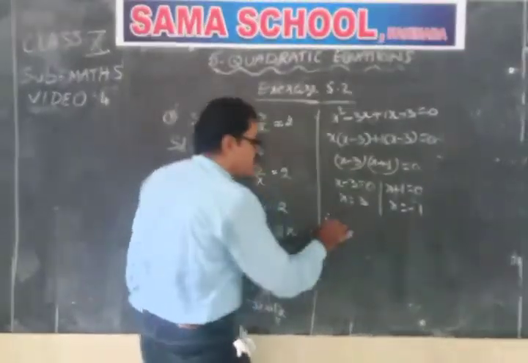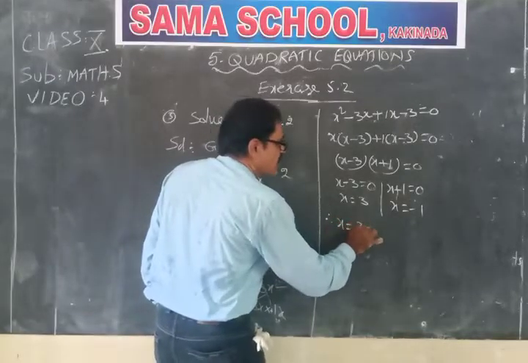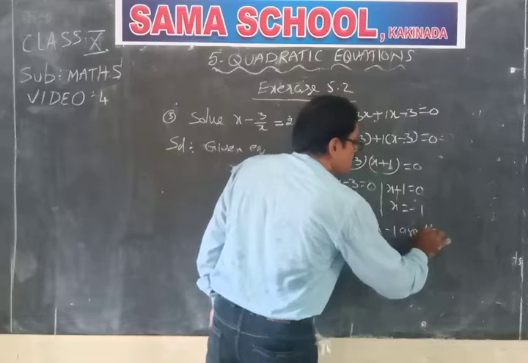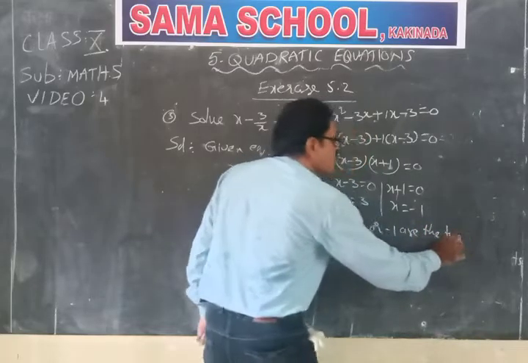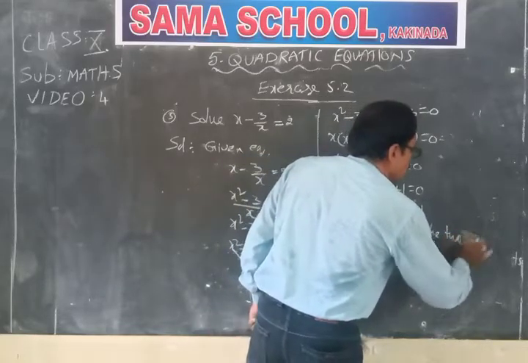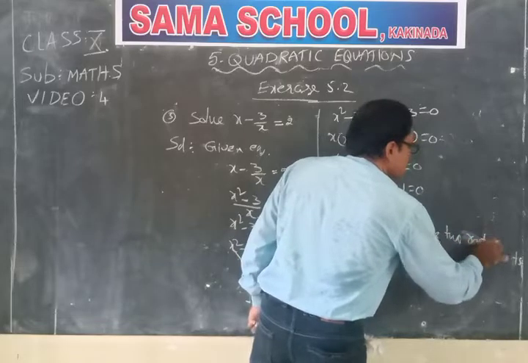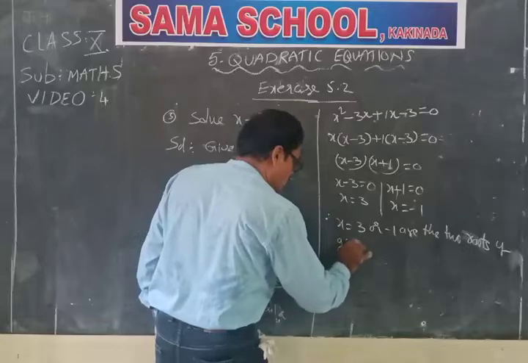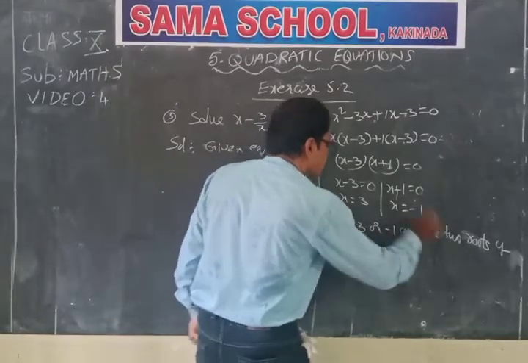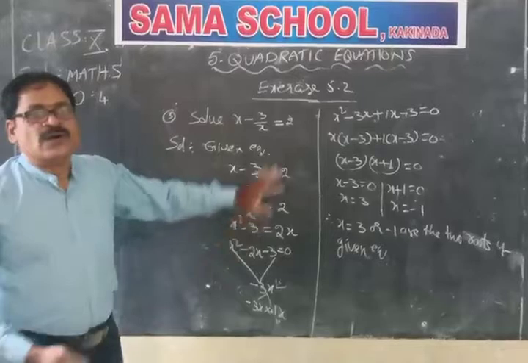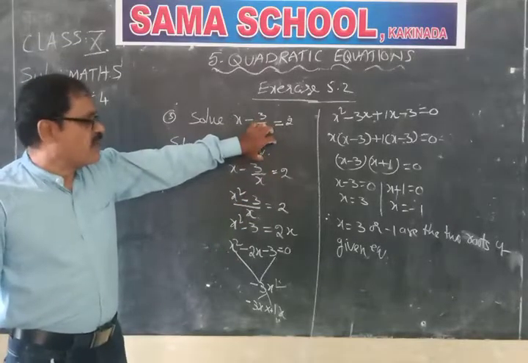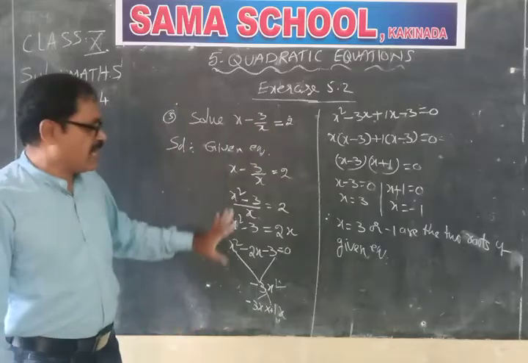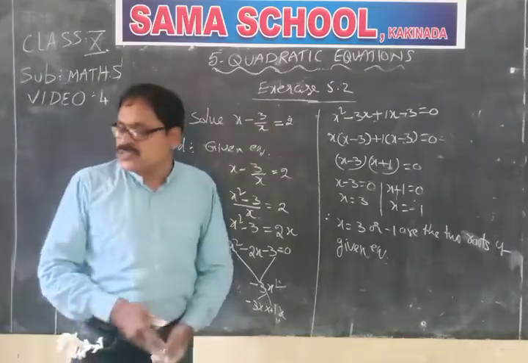Therefore, x is equal to 3 or minus 1 are the two zeros, the two roots of the given equation. This is the method of finding roots of a given quadratic equation by the factorization method.